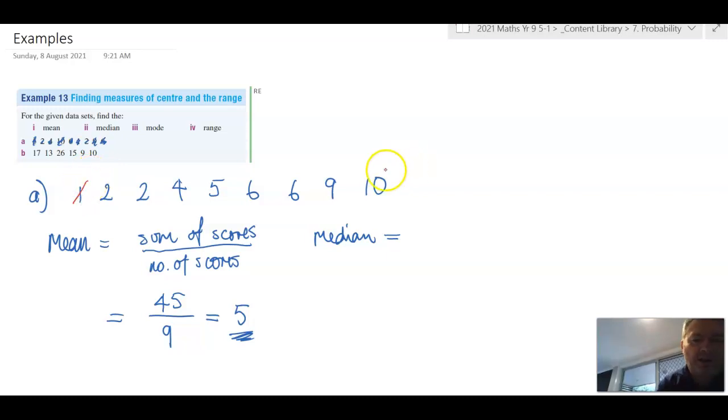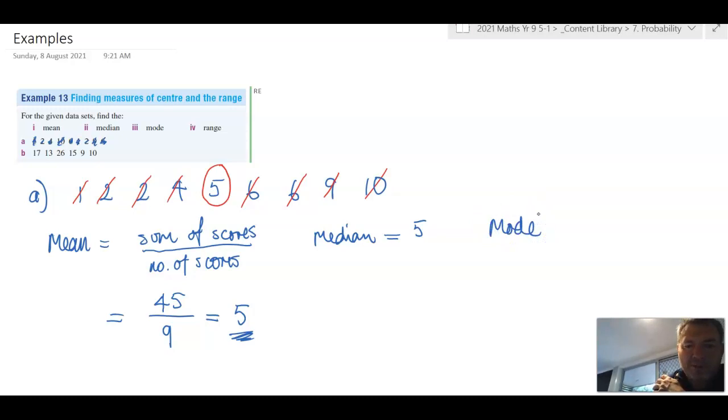So I'm going to cross off 1 and 10, 2 and 9, 2 and 6, 4 and 6, and there's only one number left over, so that's the median. So the median score is 5, which is the same as the mean. It's not always the same as the mean, but it can be.